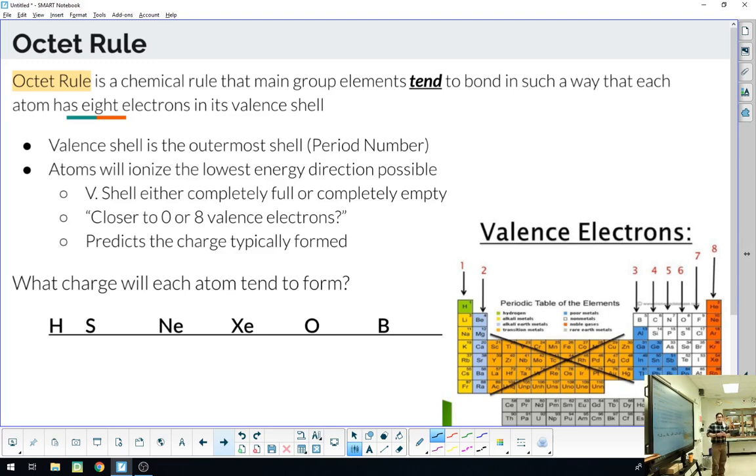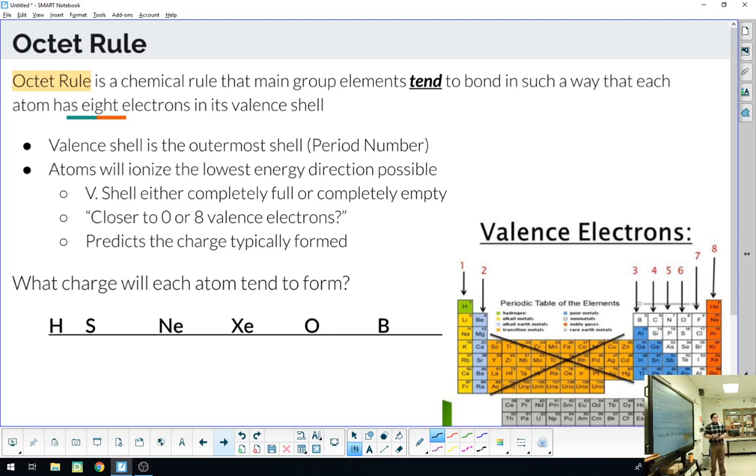So for the most part, and there's a reason I underlined and bolded, tend. Elements tend to follow the octet rule. Either they love to be full and have 8, or they love to be empty and have 0.